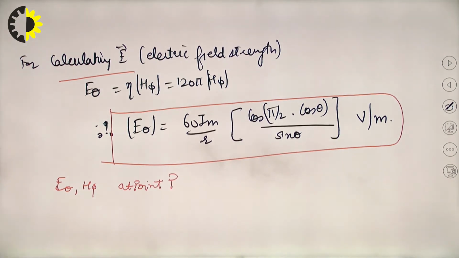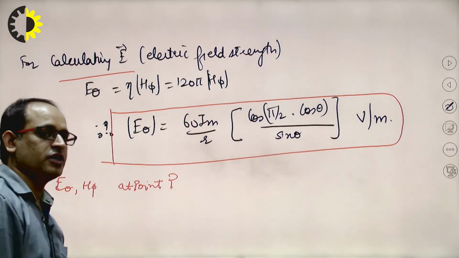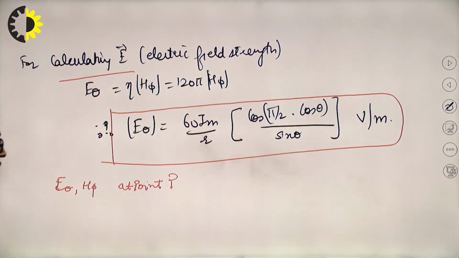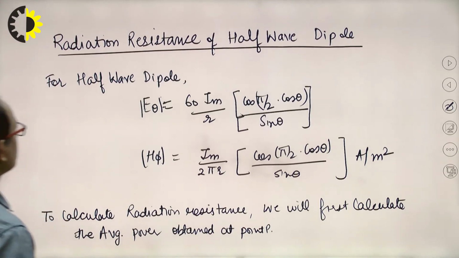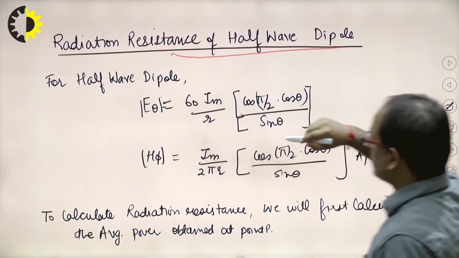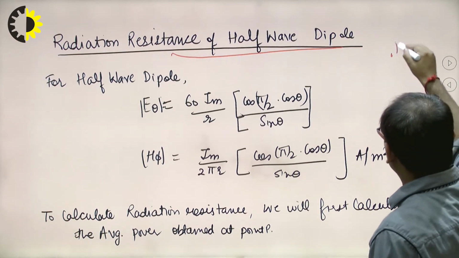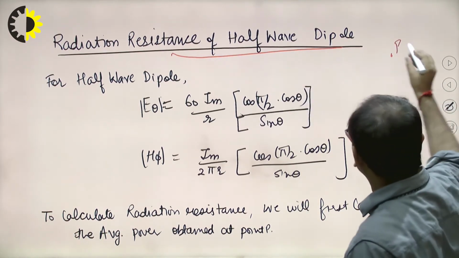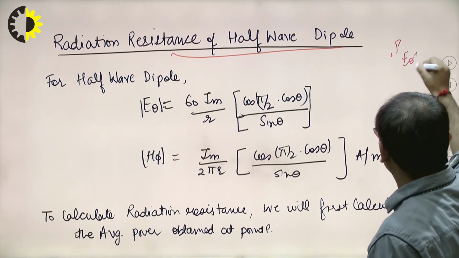Now if I want to calculate the radiation resistance, the next topic is radiation resistance. At point P we have calculated the E theta and H components.